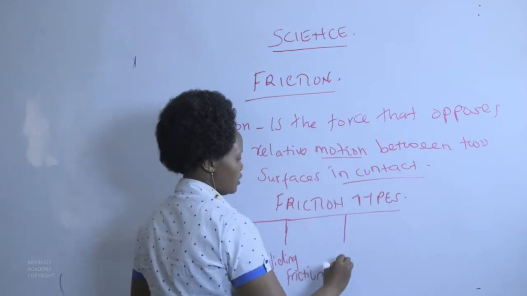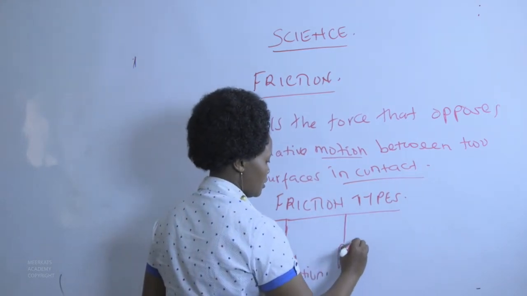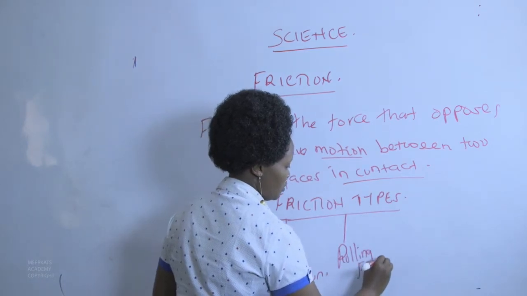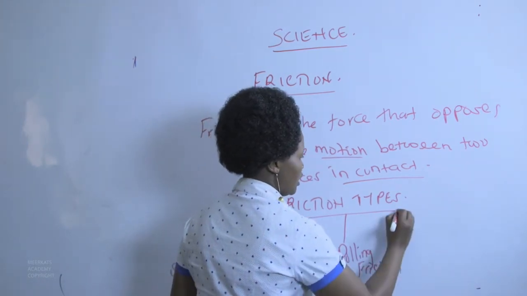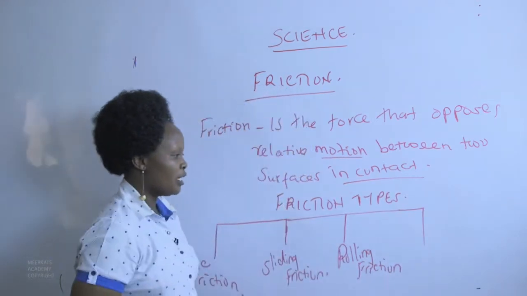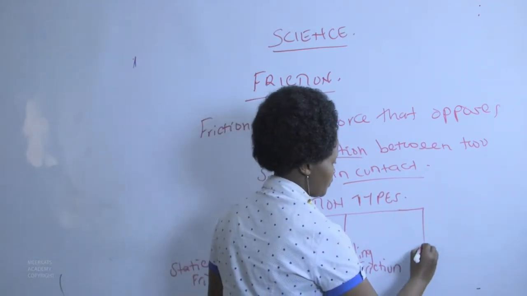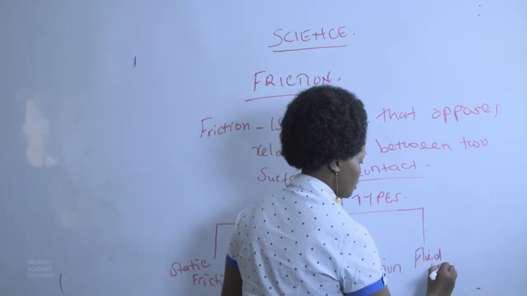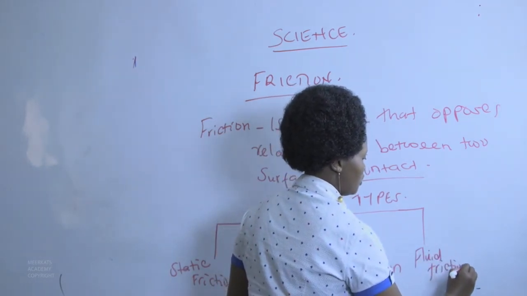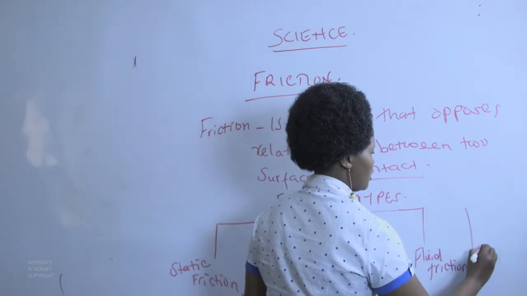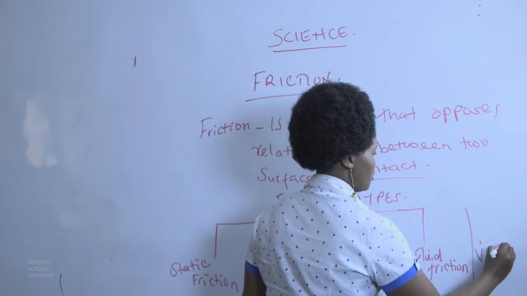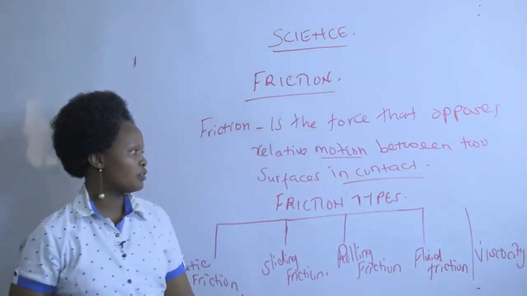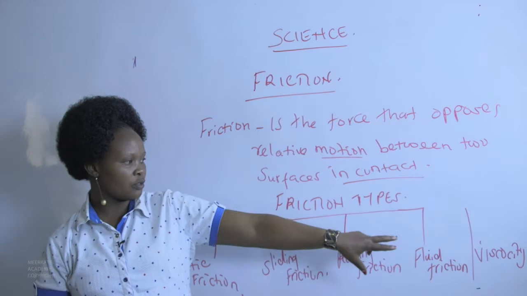We have rolling friction. And lastly, we have fluid friction, which is also called the viscosity.